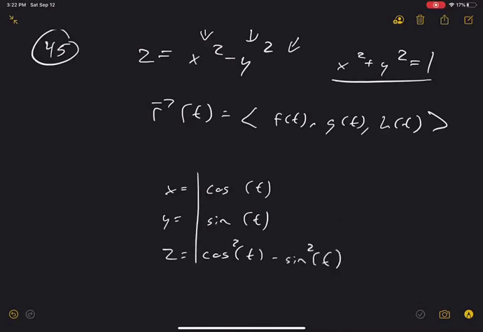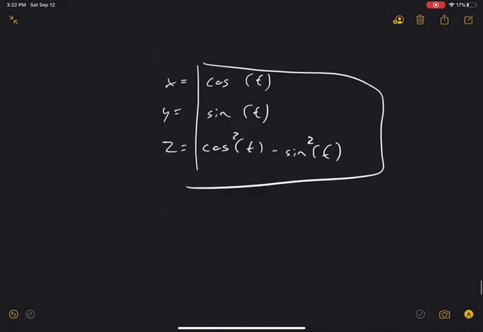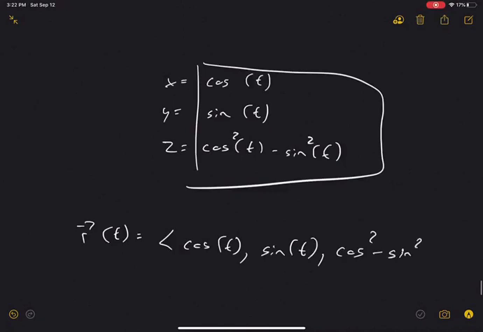Okay, so I have my three equations. So my function r of t must be equal to cosine of t, sine of t, and then cosine squared minus sine squared.